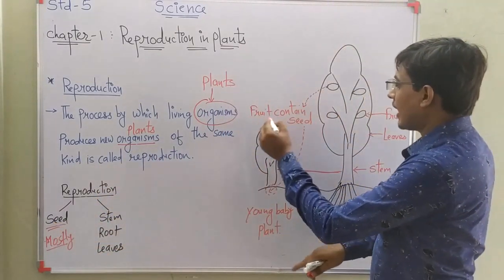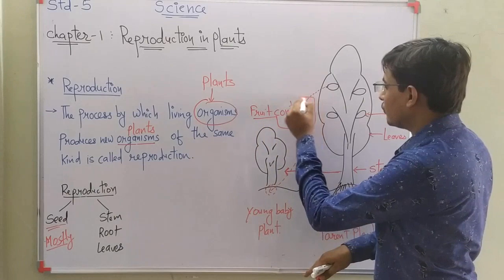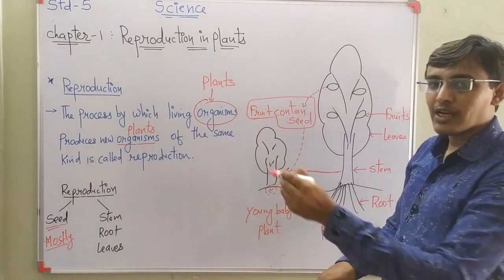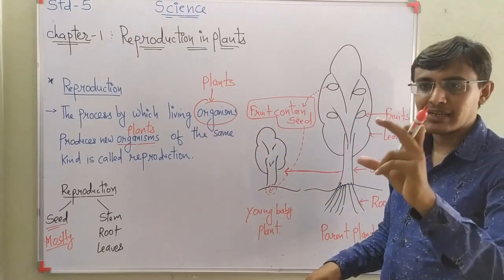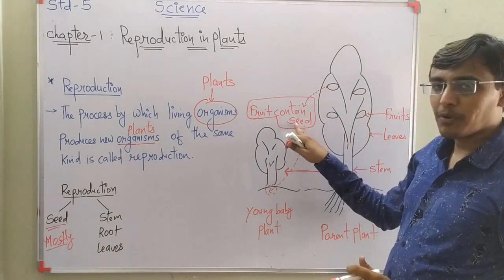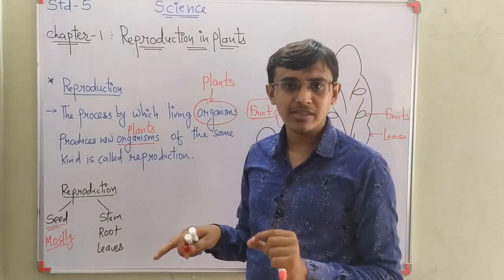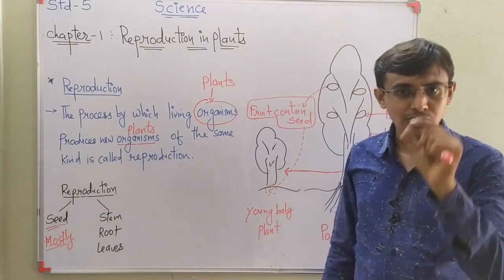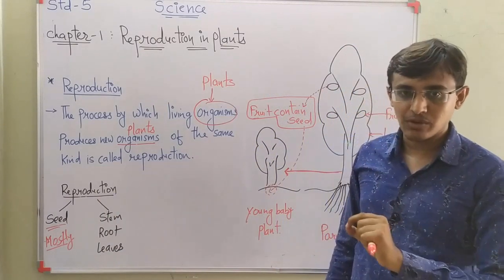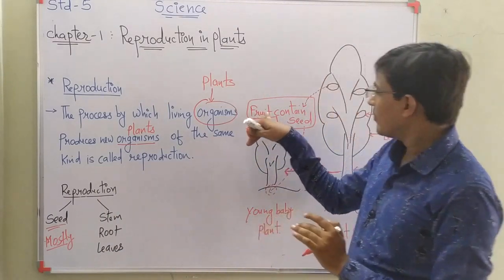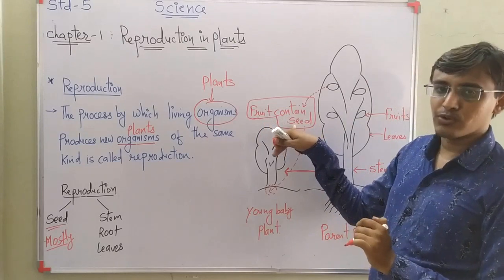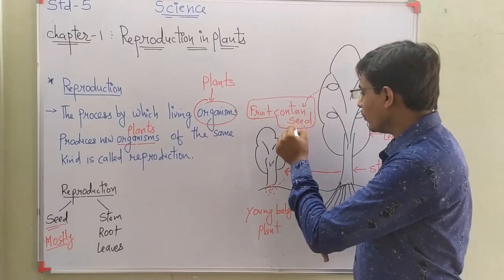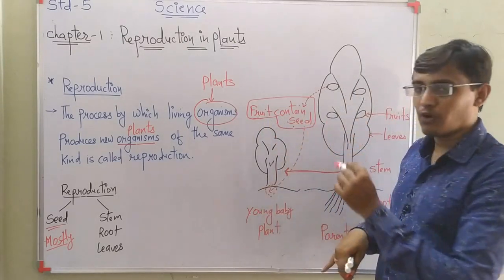Seeds are present inside the fruit. When you eat a mango, you see one big seed inside. When you eat a papaya, you see black color seeds. When you eat an apple, you see small black seeds. So the seeds are present inside the fruits, and from seeds a new plant will form.